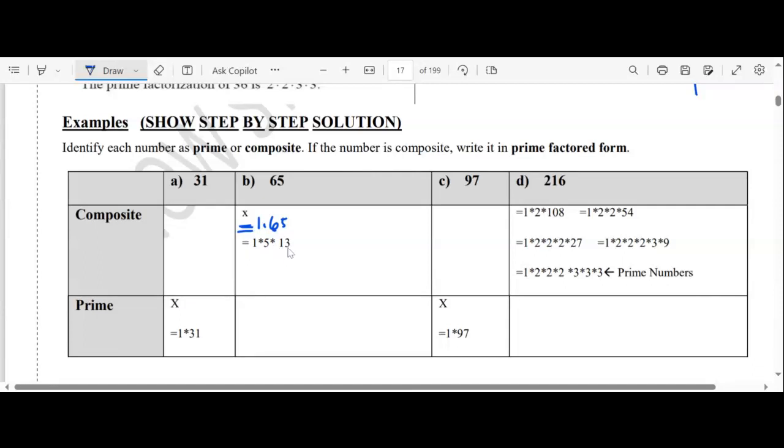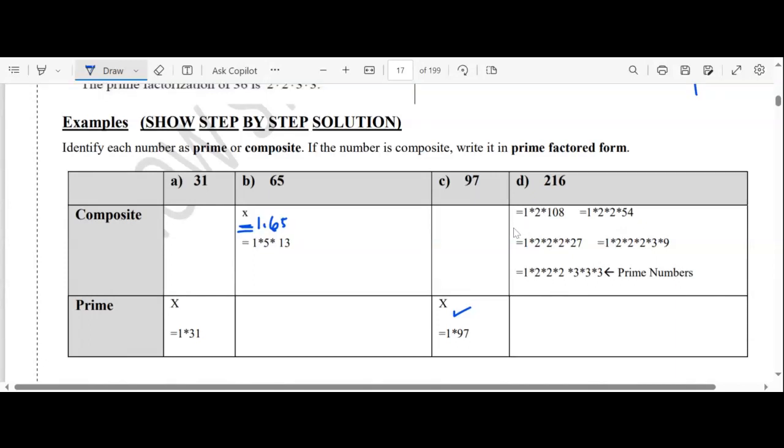Okay. 97. Prime or composite? Prime. Why? Because 1 times 97. Can I say 1 times 2 times another number? No. Times 3, 9. So it's a prime. Okay. What about 216? Prime or composite? Composite.